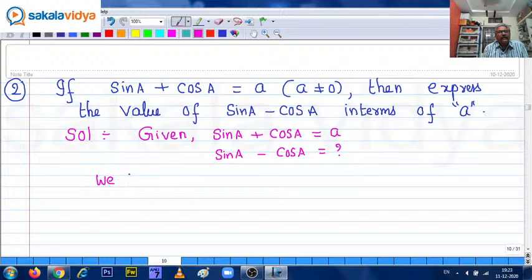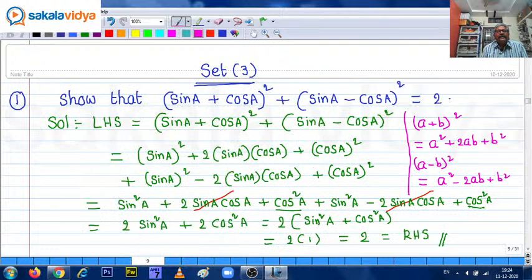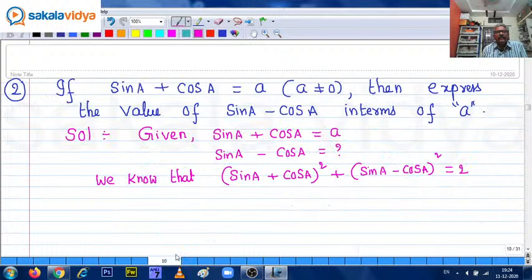See, we know that sin A plus cos A whole square plus sin A minus cos A whole square equals to 2. Just we proved that. Am I correct? So let us substitute here.